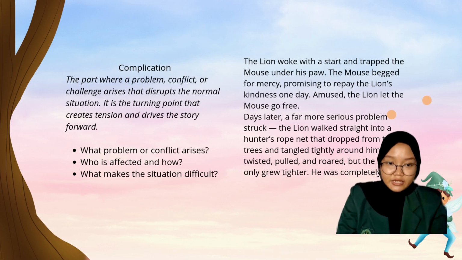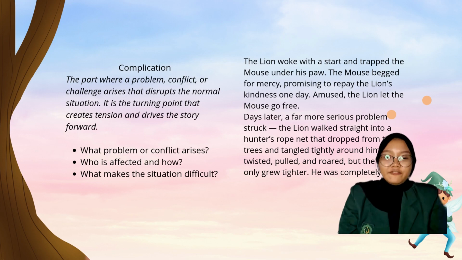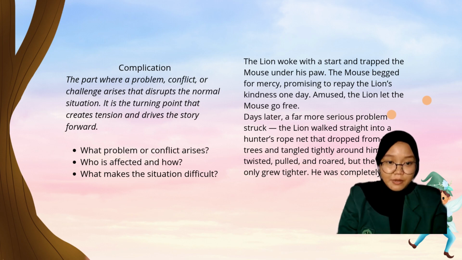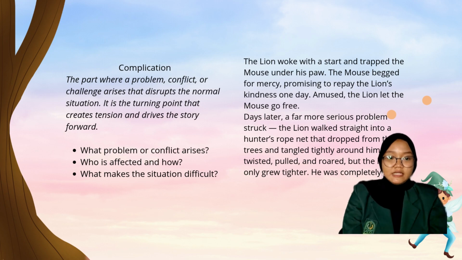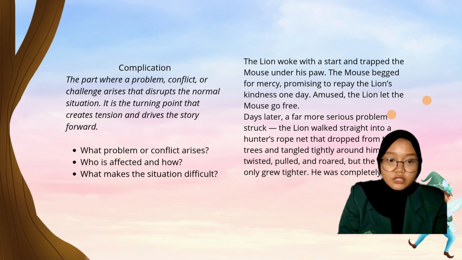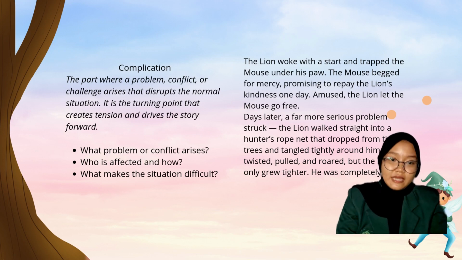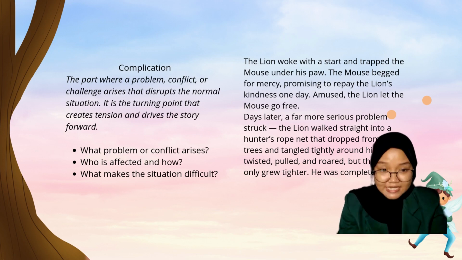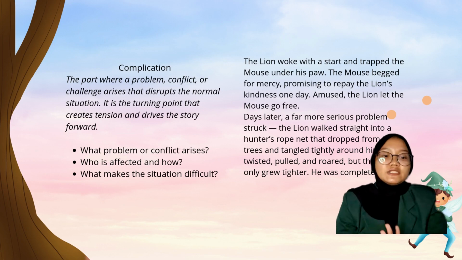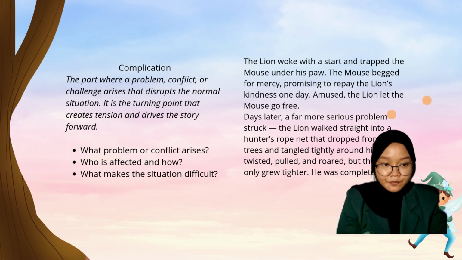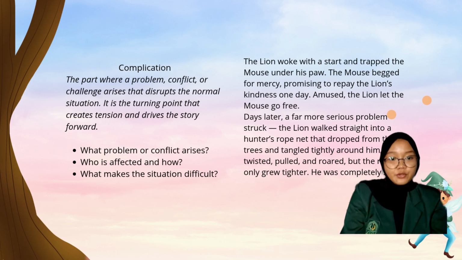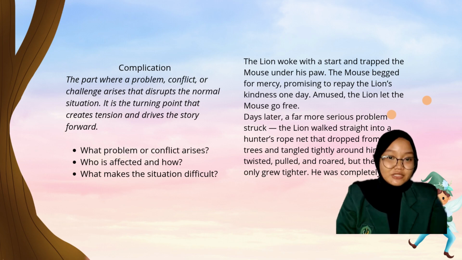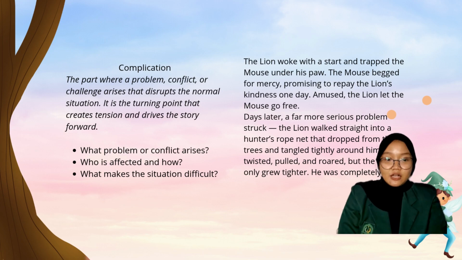Days later, a far more serious problem struck. The lion walked straight into a hunter's rope net that dropped from the trees and tightened around him. He twisted, pulled, and roared, but the ropes only grew tighter. He was completely stuck.